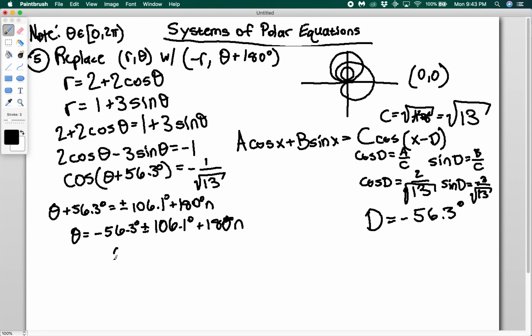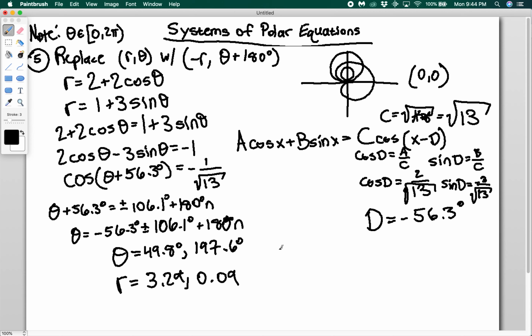Once we do this and restrict to between 0 and 2 pi, theta equals 49.8 degrees and 197.6 degrees. And the r that would go with this, if we go back and substitute, is 3.29 and 0.09.